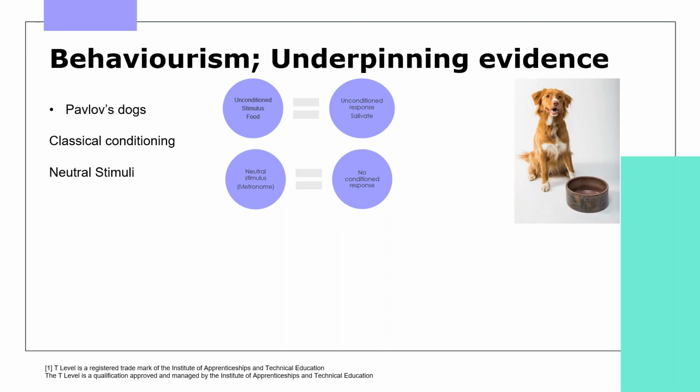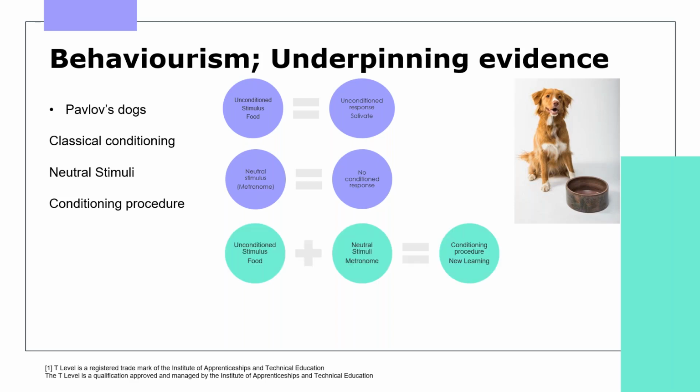And then Pavlov began the conditioning procedure, whereby clicking the metronome and introducing it just before he gave the food to his dogs. The dogs had learned an association between the metronome and the food, and a new behaviour had been learned.